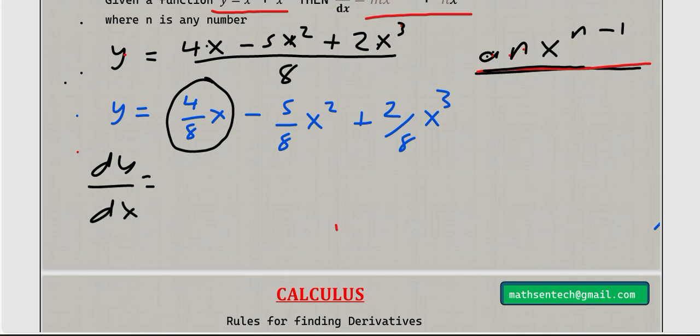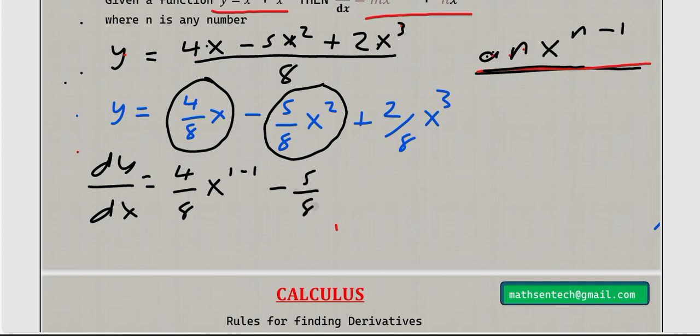So 4 over 8 times 1 is 4 over 8, then x, remember we have 1 there, 1 minus 1, then minus 5 over 8 times 2, because our a on our second part here is 5 over 8, our n is 2, so 5 over 8 times 2, then x 2 minus 1.